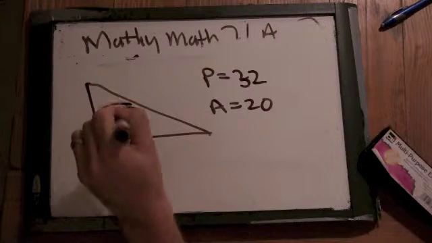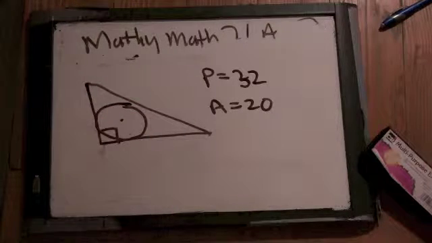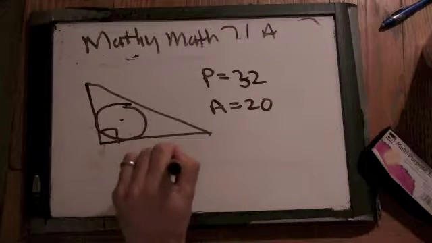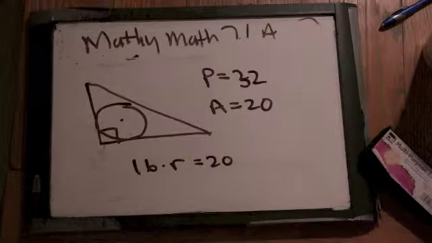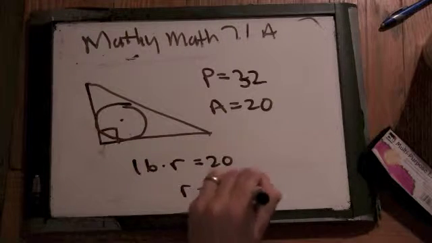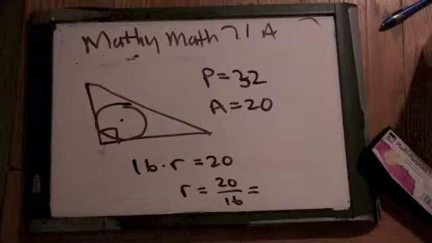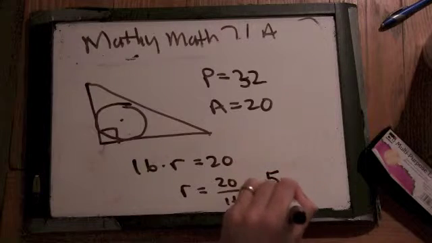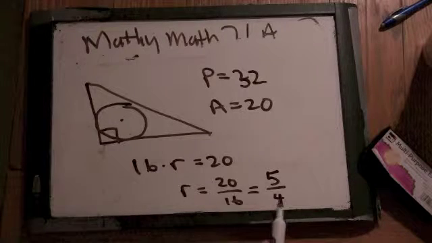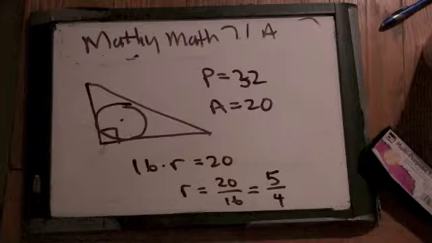Well, 16 times the radius is going to equal 20. The radius is 20/16, otherwise written as 5/4. So we can do this interim step and calculate that the radius of the inscribed circle is 5/4.